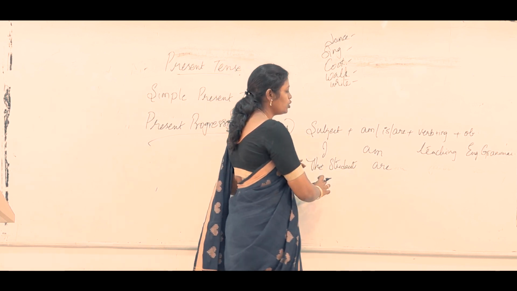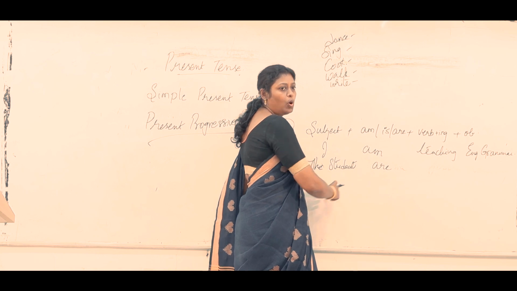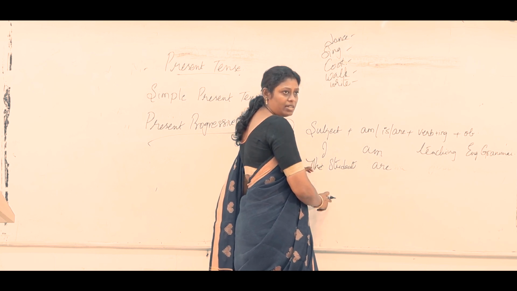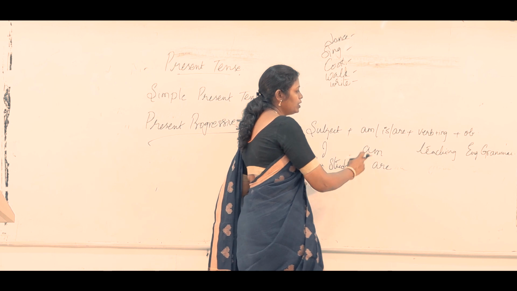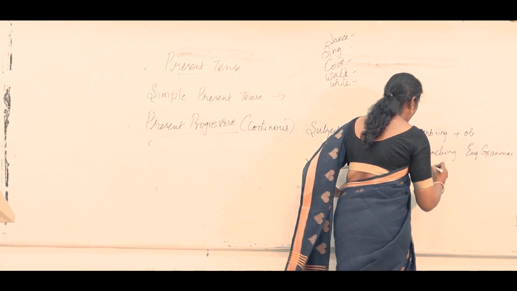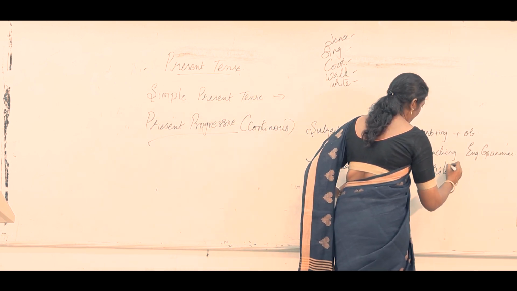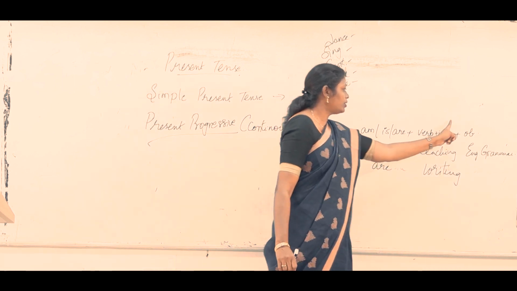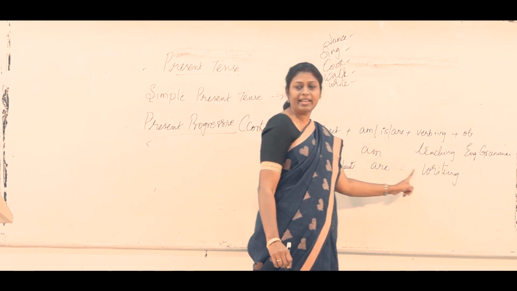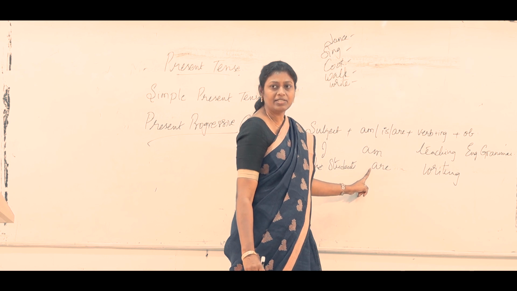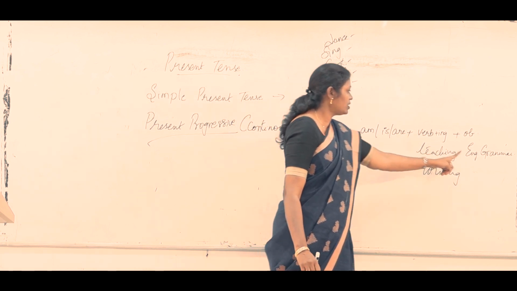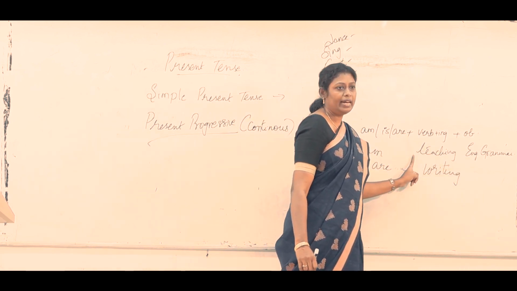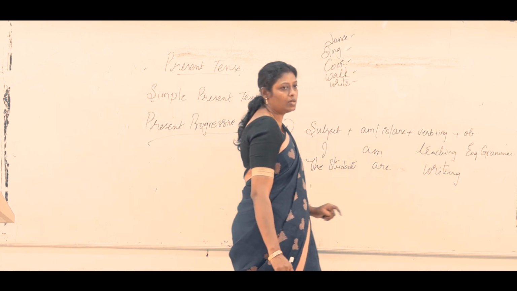The students are plural because more than one person is considered plural, as we all know. The students are writing. If I do not use the object, then it is intransitive. If I take the object here, then it is considered a transitive verb.